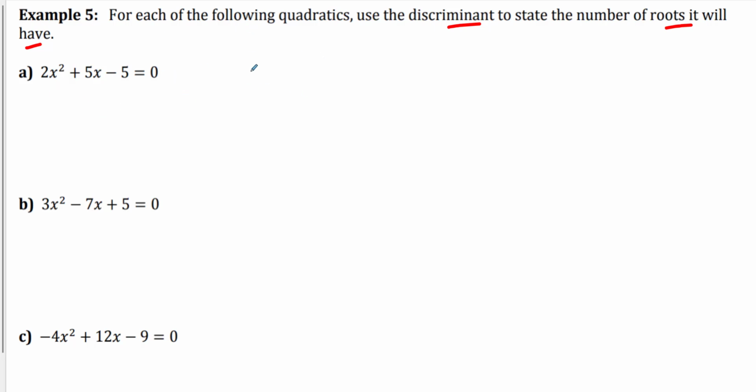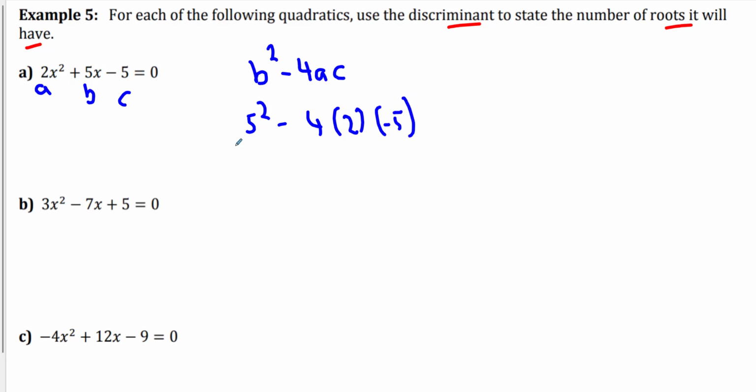So if you did this, remember the discriminant is b squared minus 4ac. So what's b? Well, a is the coefficient in front of x squared. b is the coefficient in front of your x term, and c is your constant. So b squared is going to be 5 squared minus 4 times 2 times negative 5.